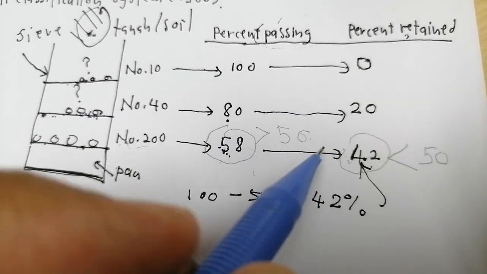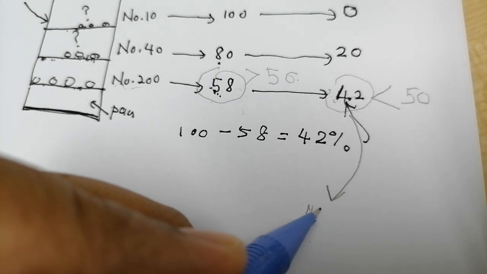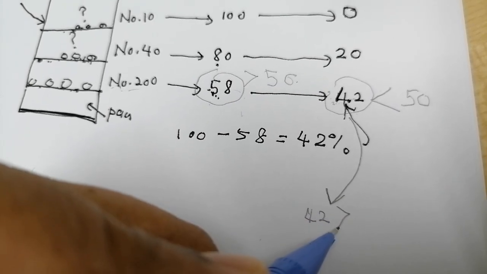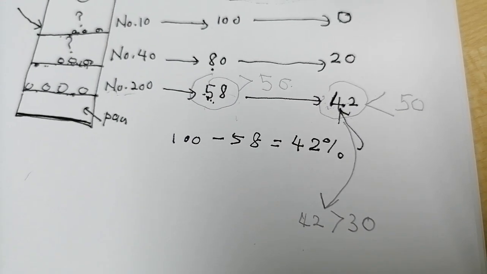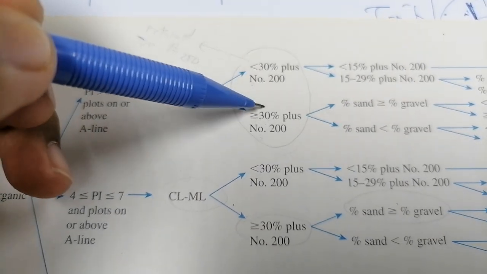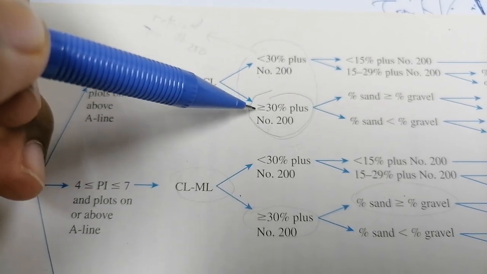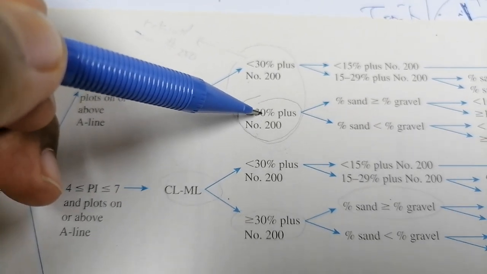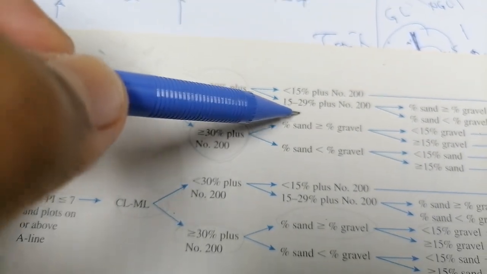So 42% is, of course, bigger than 30%, right? 42% is bigger than 30%. So therefore, we are here. It is bigger than 30%. So now let's move on to this section here.